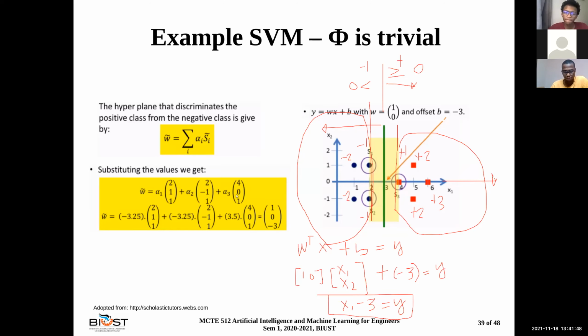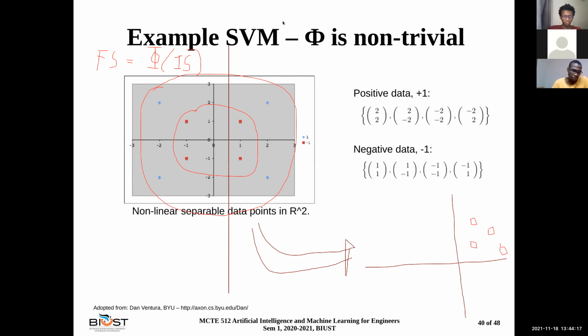Here we cannot separate linearly, but if we transform this into another space, probably your red squares will be somewhere like that, and then when we transform them, your blue triangles will be here. If that is the case, then we can linearly separate them.